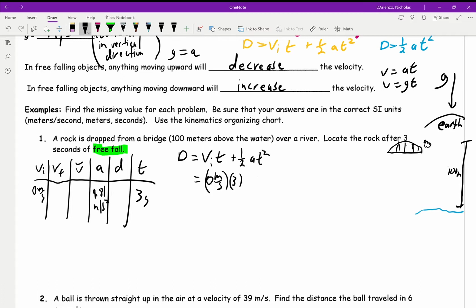So regardless of what our time is, that whole product there is going to be 0. This is 9.81 meters per second squared. And our time is 3 seconds squared.